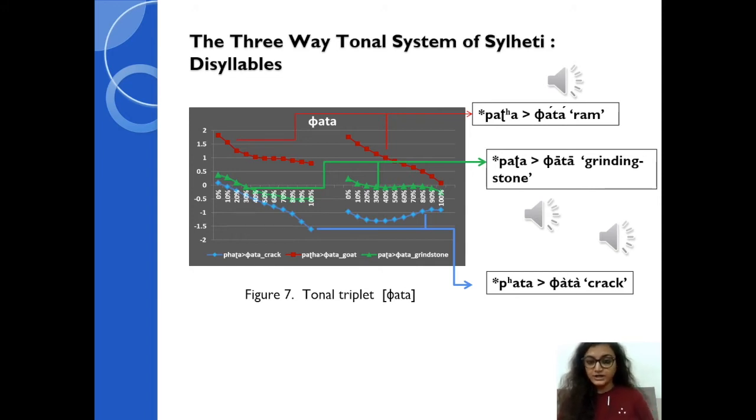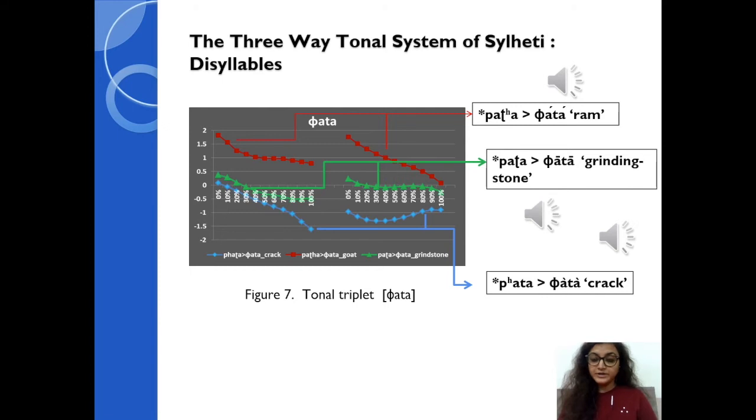For the high tone, the aspiration was on the onset of the second syllable, and for the low tone, the aspiration was on the onset of the first syllable, and for the mid tone there was no aspiration at all on any of the onsets. So let me play it for you. That will make it more clear.